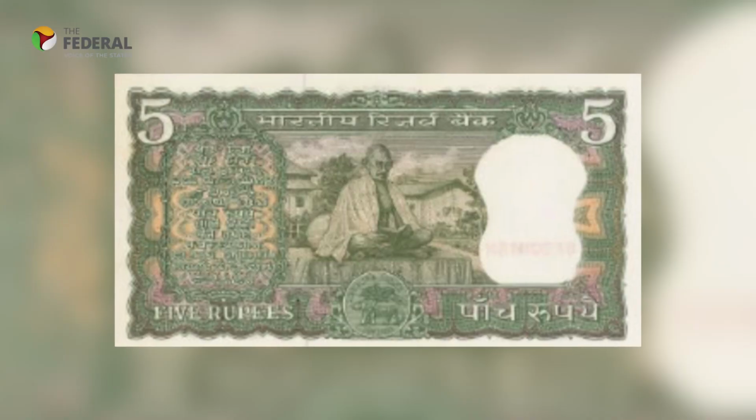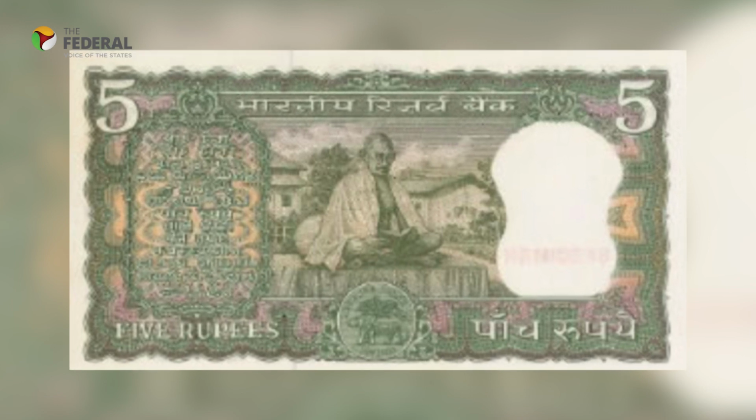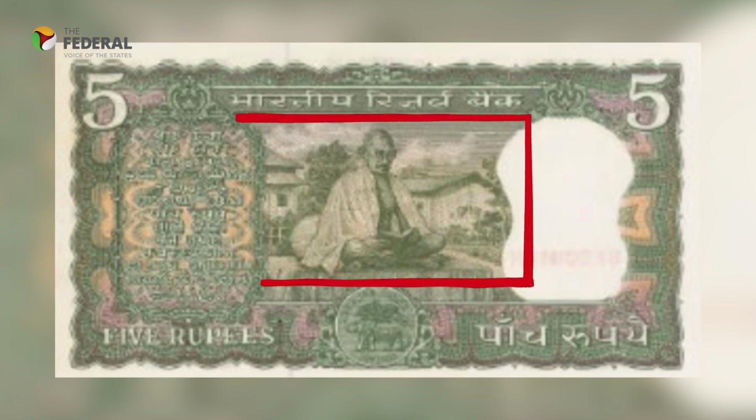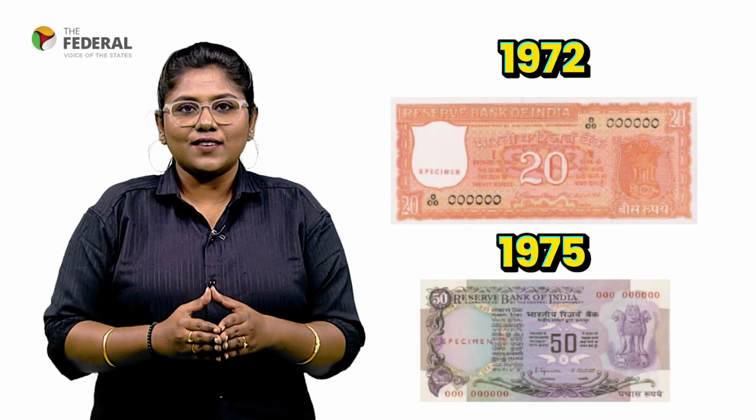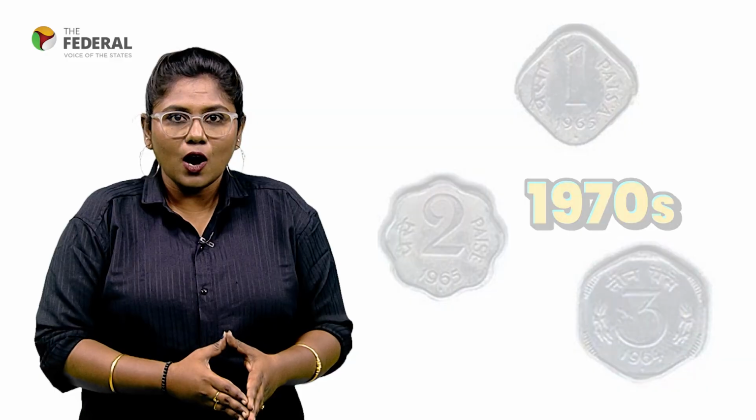Because of rising prices in the 1960s, coins began to be minted in aluminium. In 1969, a commemorative note series marking Gandhi's birth centenary was issued. It showed him seated with the Sevagram ashram in the backdrop. The Reserve Bank introduced 20 rupee notes in 1972 and 50 rupee notes in 1975, and 1, 2 and 3 paise coins were phased out in the 1970s due to cost-benefit considerations.